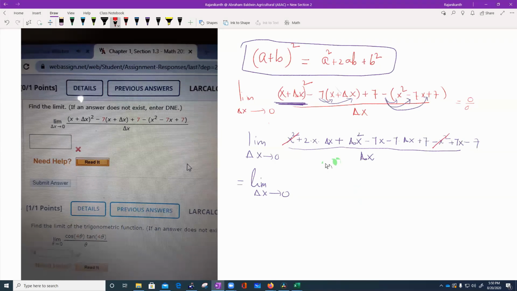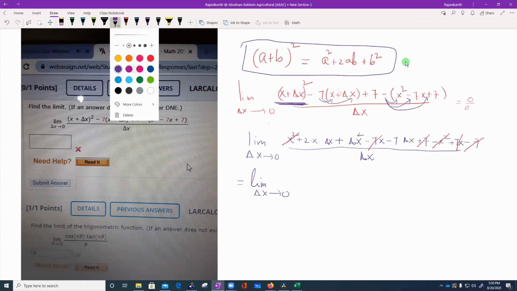The x squares do go away. Yes, plus x squared minus x squared gone. Your 7x's go away. What else? Plus 7 and minus 7 gone. Yes. That's it, right? Anything else? Yeah, that's it.